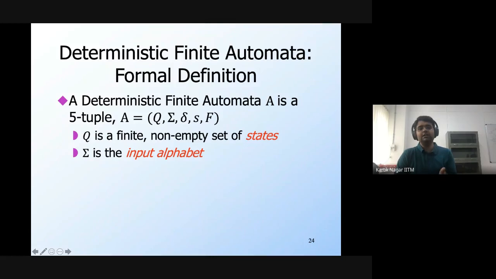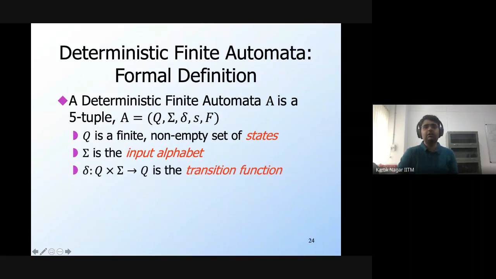And we are going to use the DFA in order to recognize a particular language. So if you're given an arbitrary string from sigma star, does this string belong to the language L? So that's why we associate the input alphabet sigma with a DFA.